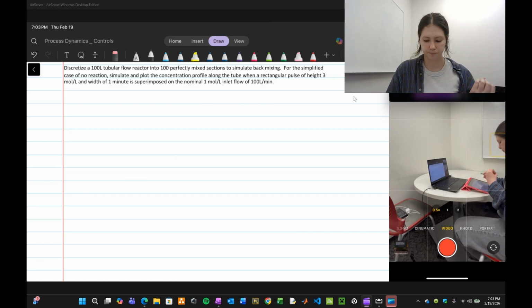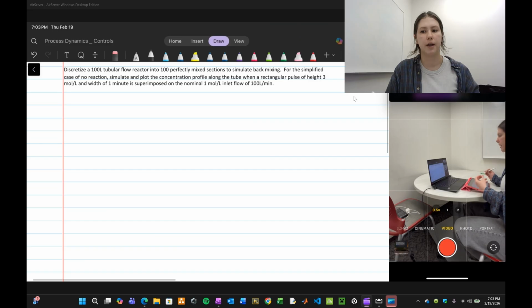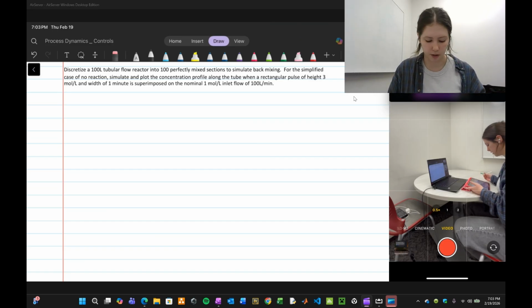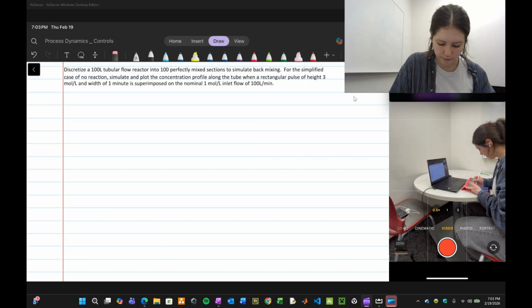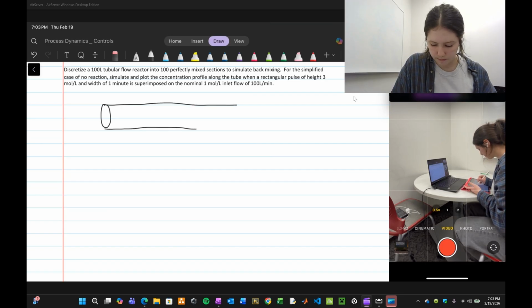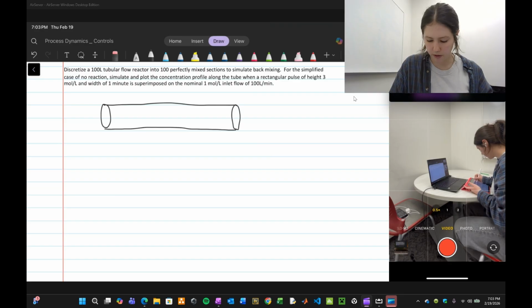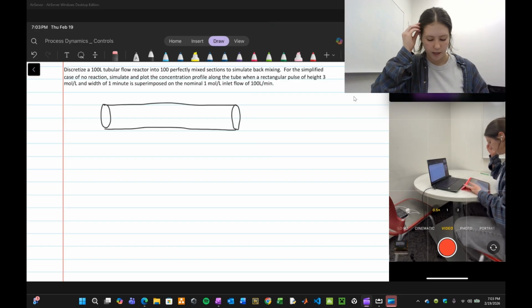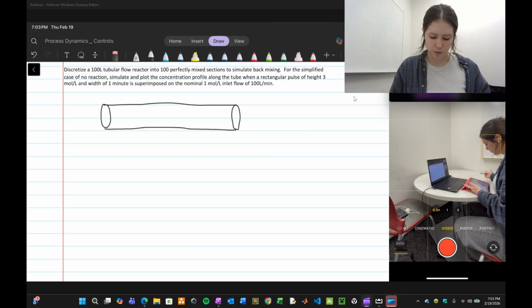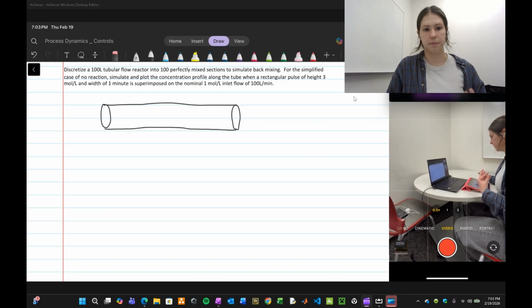that tube. So we can start out by drawing our situation here. We know we have one long plug flow reactor here, and we're going to have 100 perfectly mixed sections.